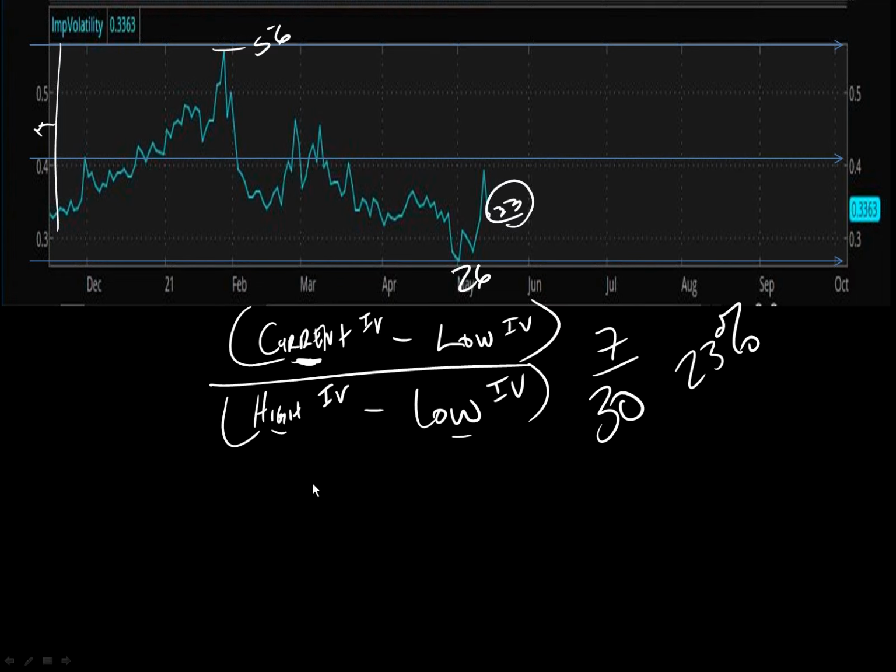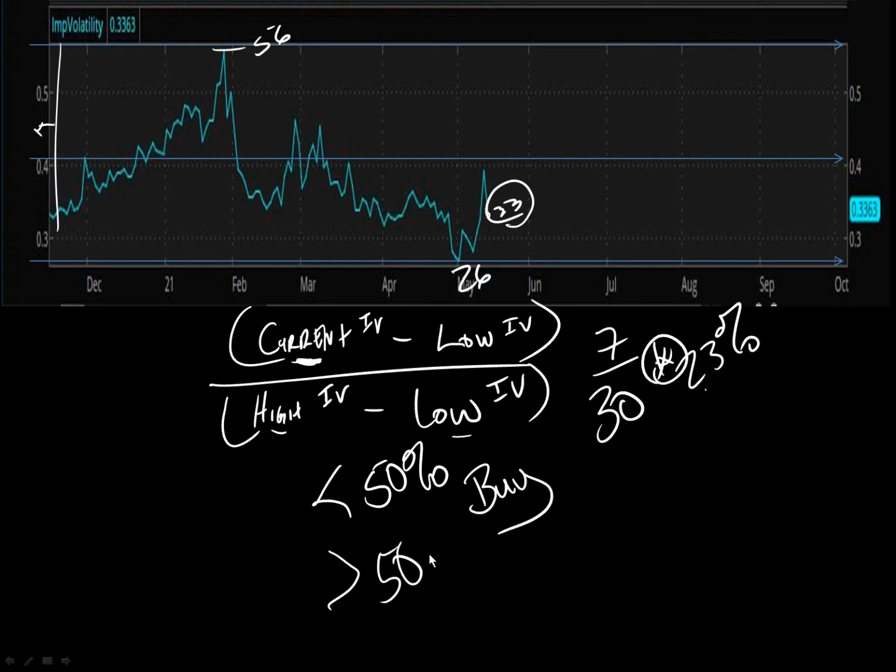And what I say is if this number is less than 50% here, right, then you're looking to buy. All right. And if it's greater than 50%, you're looking to sell. Okay. So we're right around 26 percentile. This is the buying area, or the selling if you want to spot it quickly. Just kind of do that ballparking.